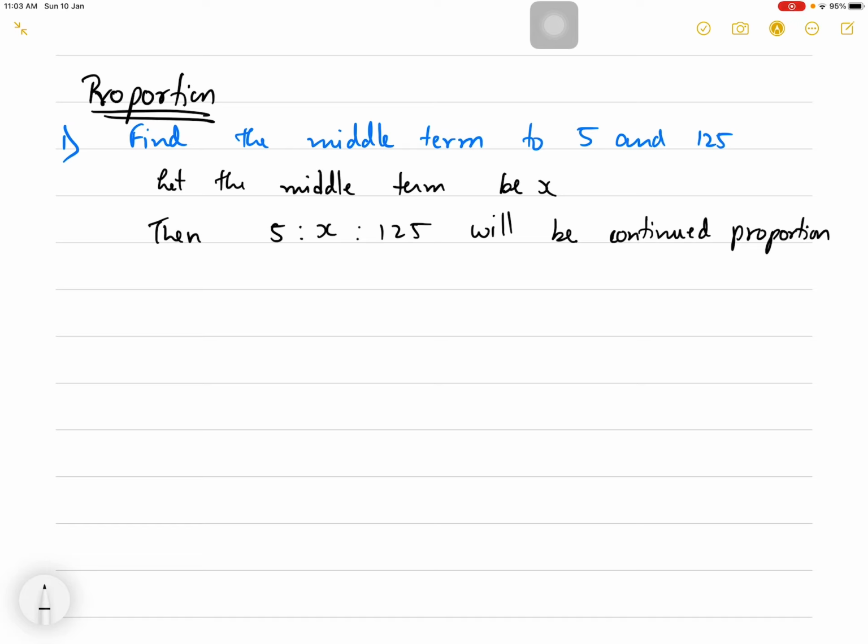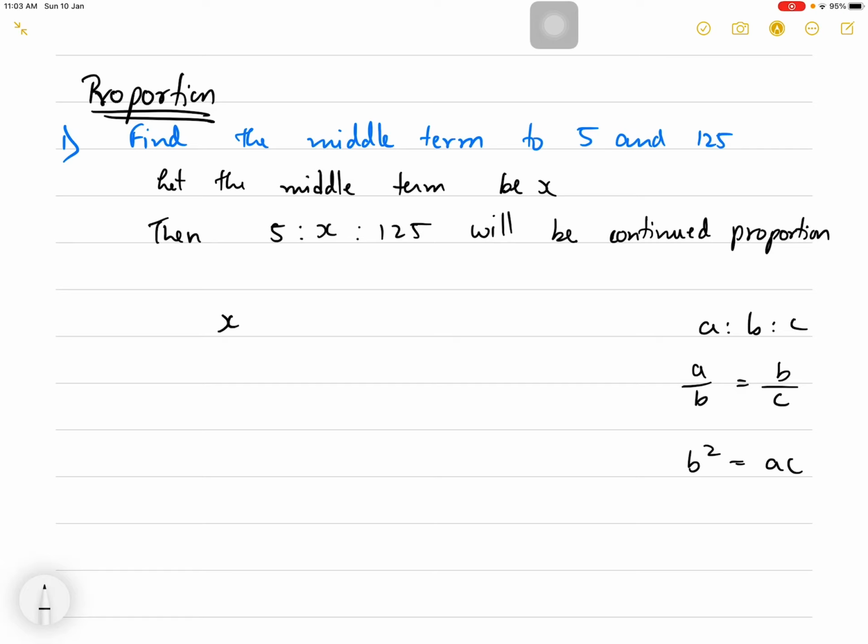b square is equal to ac, right? Now if a, b, c are in continued proportion, that means a by b is equal to b by c, right? And you cross multiply, it becomes b square is equal to ac, right? So now in this case 5:x:125 are in continued proportion.